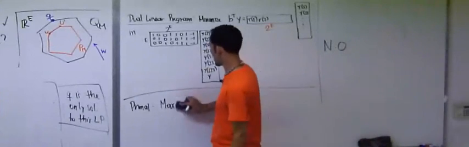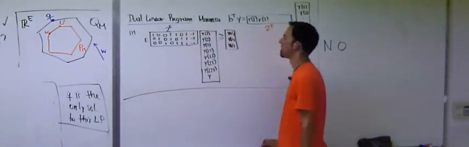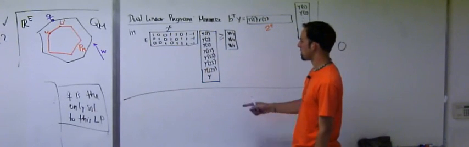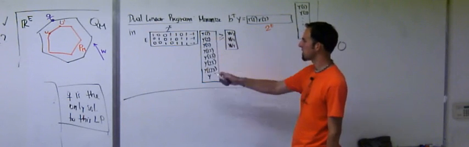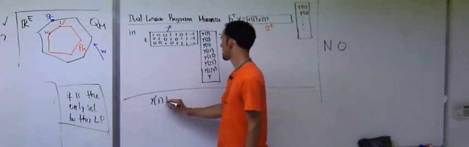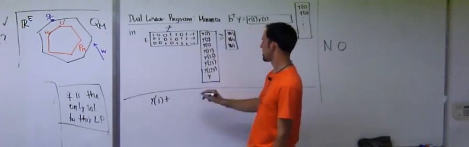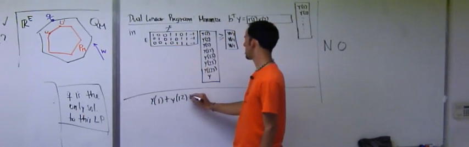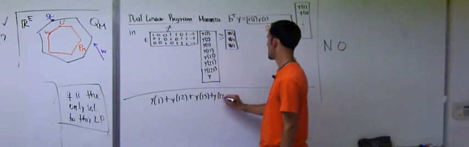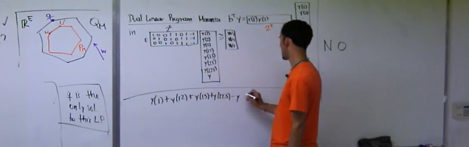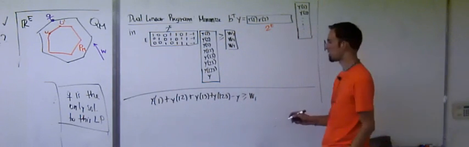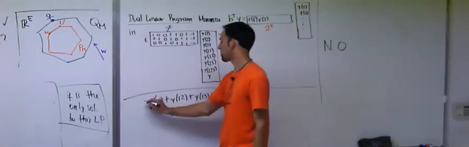What do these inequalities say? For example, what does the first one say? y1 plus 0, 0, y12 plus y13 plus y123 minus y bigger than or equal to w1. And what are the guys that appear here?